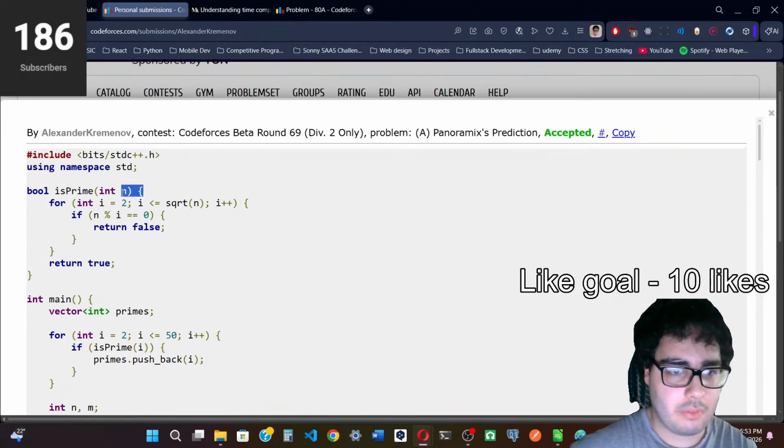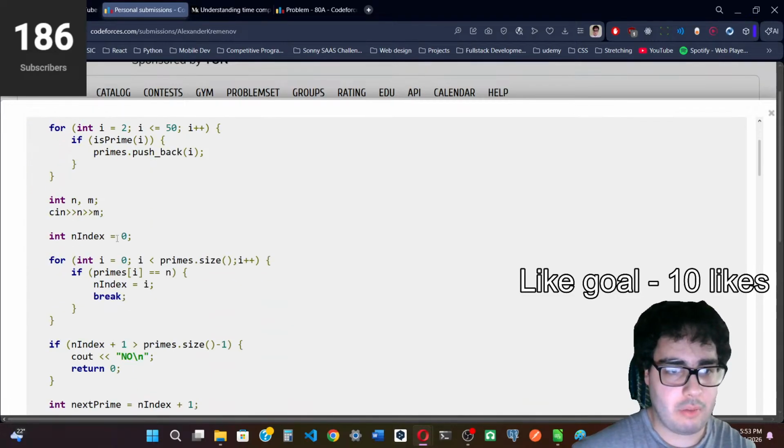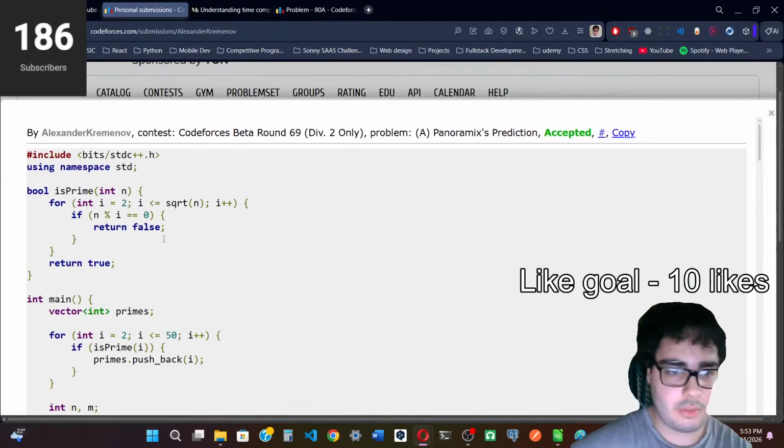Also, right here, I have not taken into account the case where the number is 1, because 1 is not a prime number. I have not taken that into account, but for this problem, you do not need to.